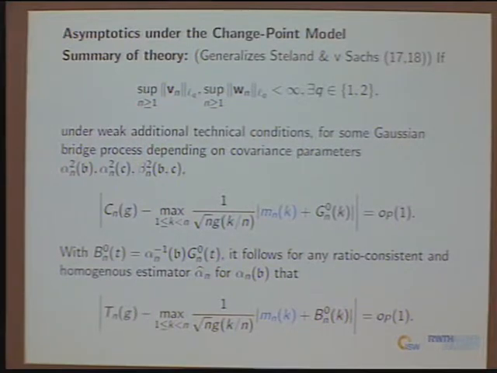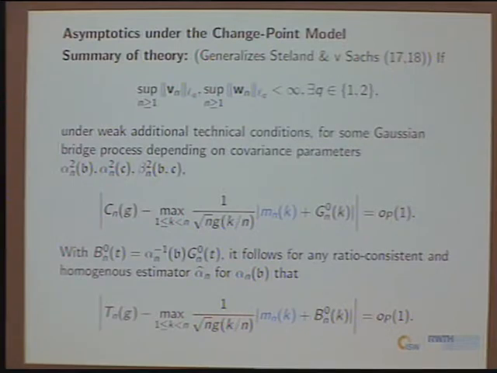So the maximum of this Gaussian process, here is a bridge process, and here a drift term enters. This is from previous slides where the expectation has been computed. This gives us the drift term, and then we take the maximum over this process.